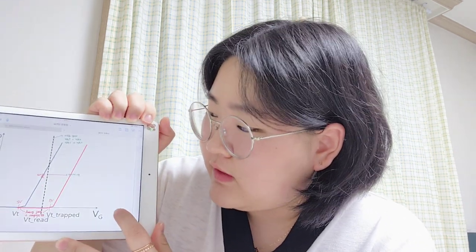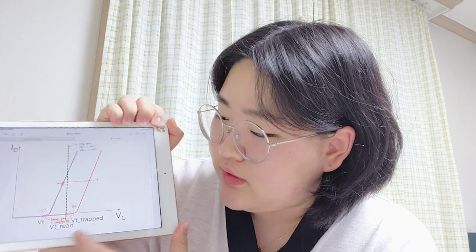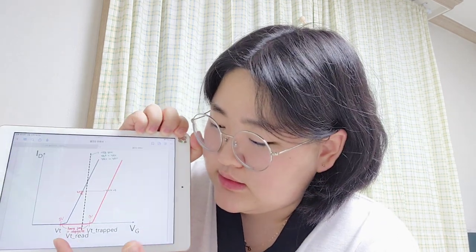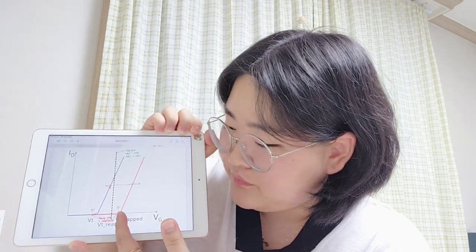So this is the I-V curve of the flash memory. If the floating gate is charged, you have to apply a stronger bias to the control gate to make a channel. So it means the threshold voltage shifted to here.